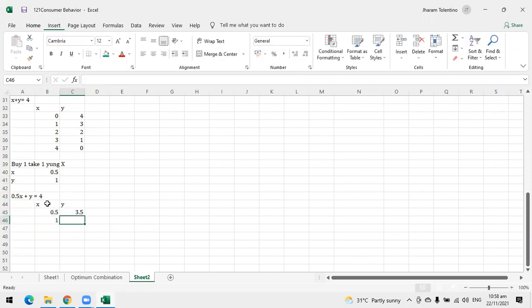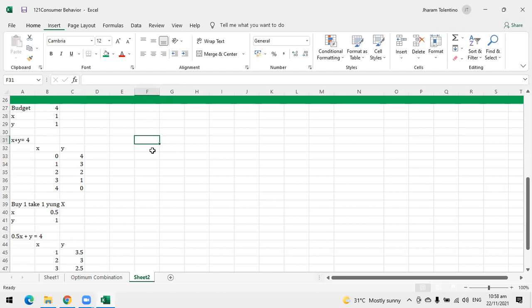Pag isang X, 3.5. Pag dalawang X, tatlo. Pag tatlong X, ilan naman? 2.5. Apat, dalawang. 5, 1.5. 6 is piso dito. 7, 0.5 dito. At 8, ay wala. Wala na to.